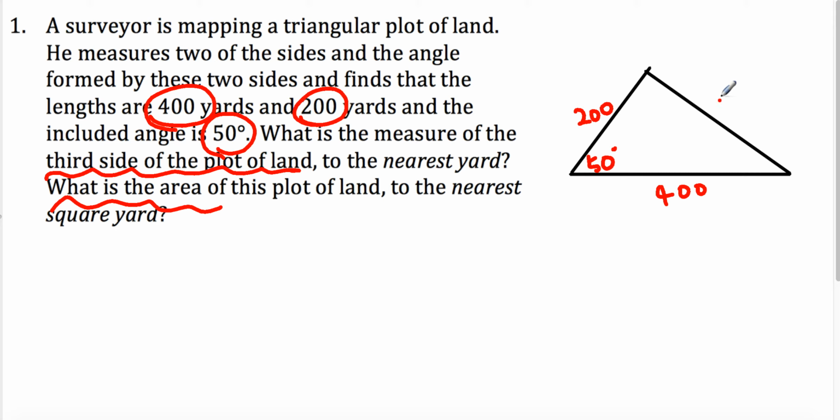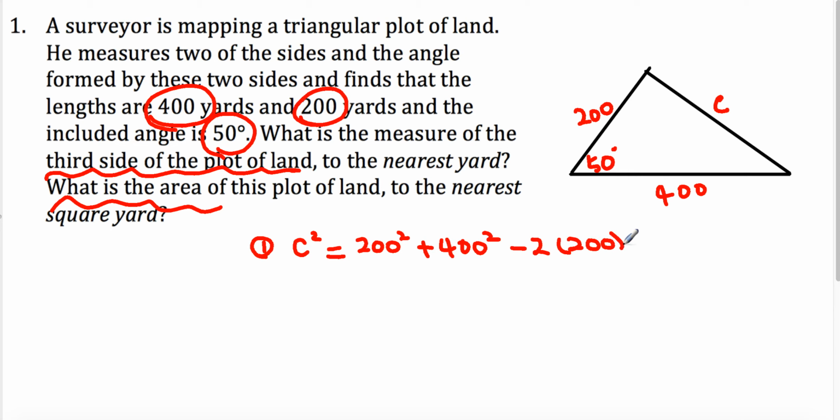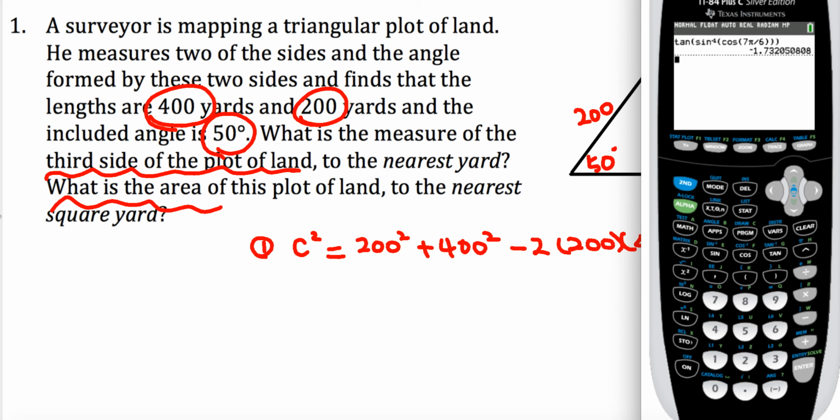Now to find the third side, I'm going to call that C. For the first part, C squared by the law of cosine is equal to 200 squared plus 400 squared minus 2 times 200 times 400 and cosine of 50 degrees.